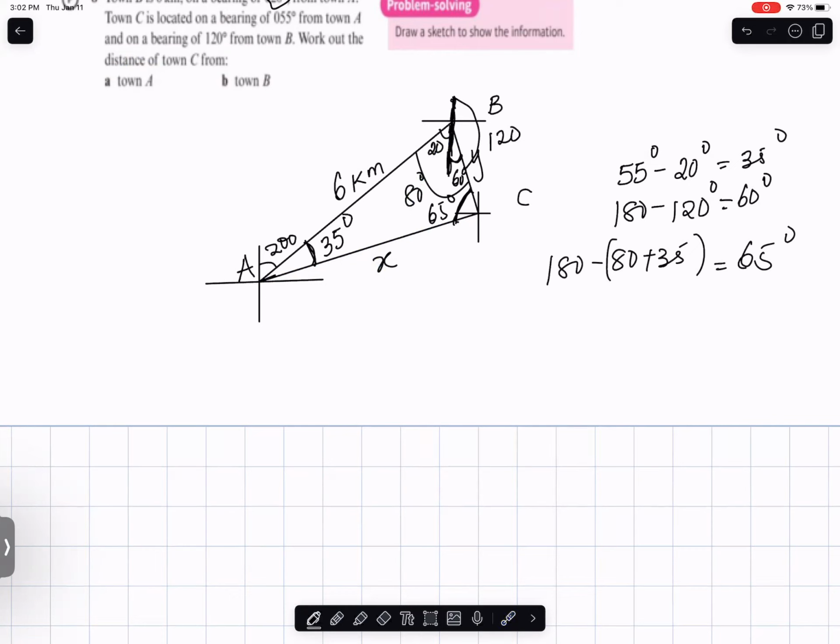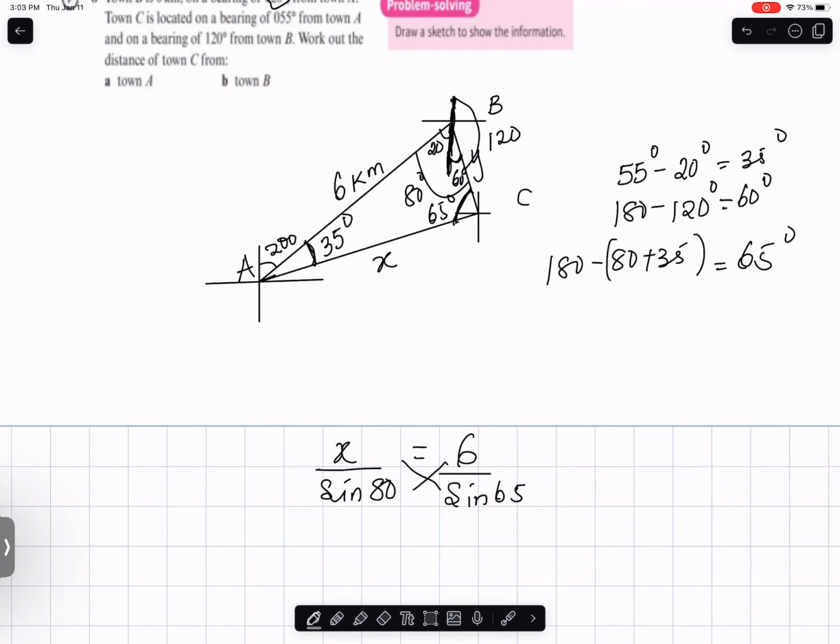So we use our sine rule. I have X divided by sine 80 equals 6 divided by sine 65.